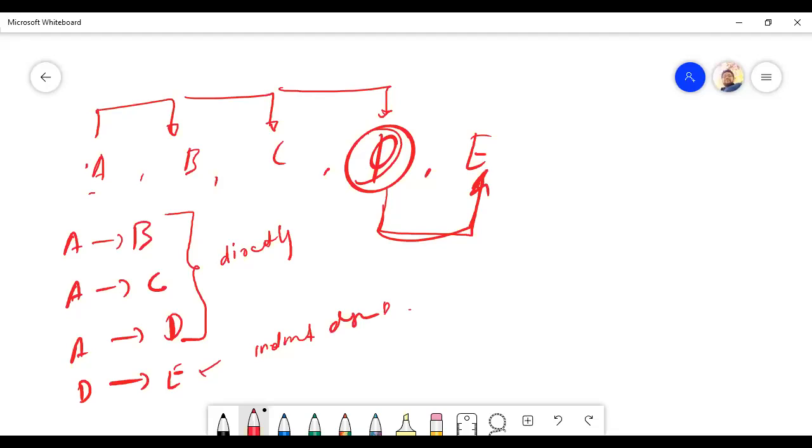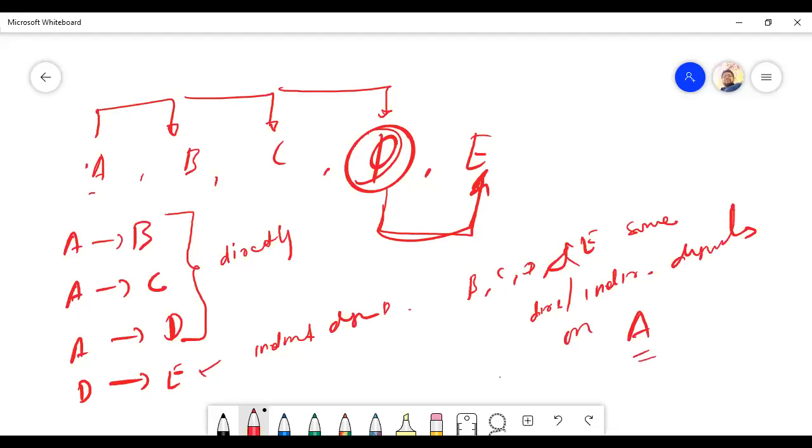So I can say B, C, D and E somehow directly or indirectly depend on A. So there will be no multi-value attribute. If there are no multi-value attributes, we can say the relation is at least in first normal form, right?